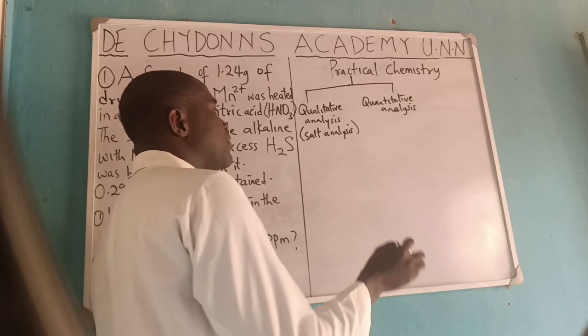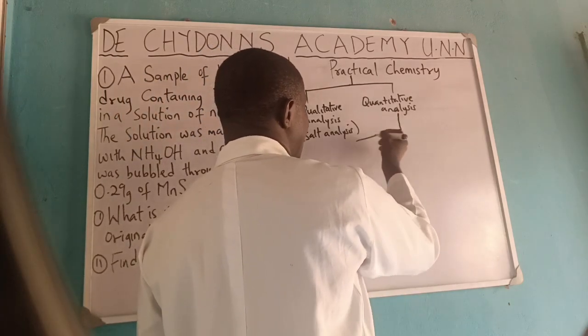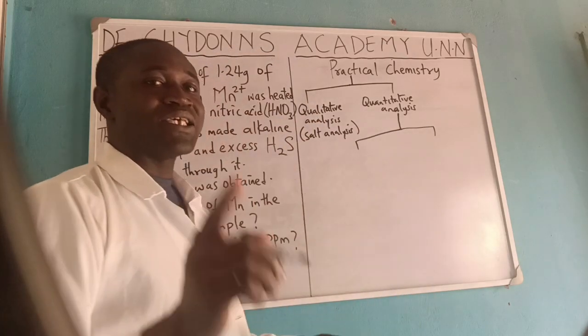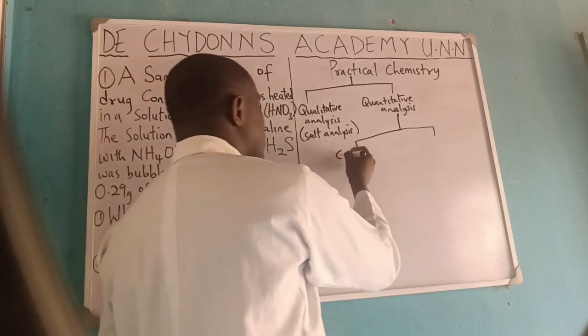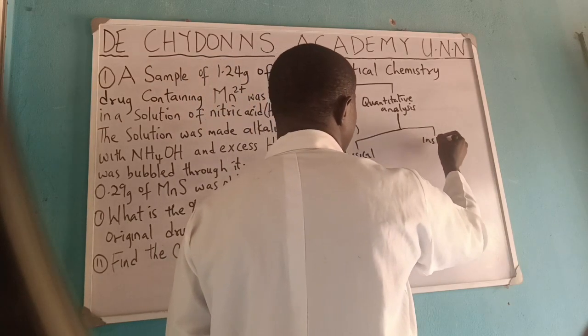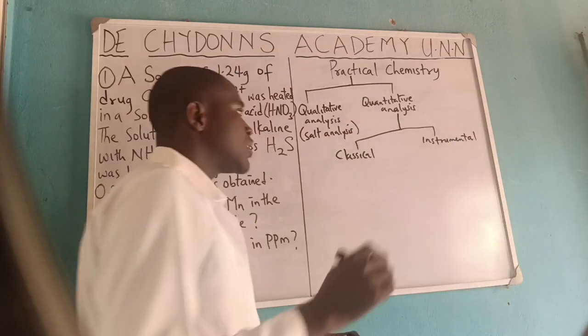Now, it is also important for us to see how this can be classified. We can classify quantitative analysis into the classical methods and the instrumental methods.